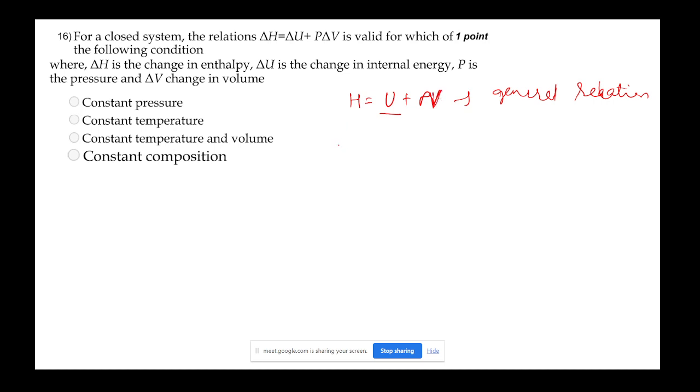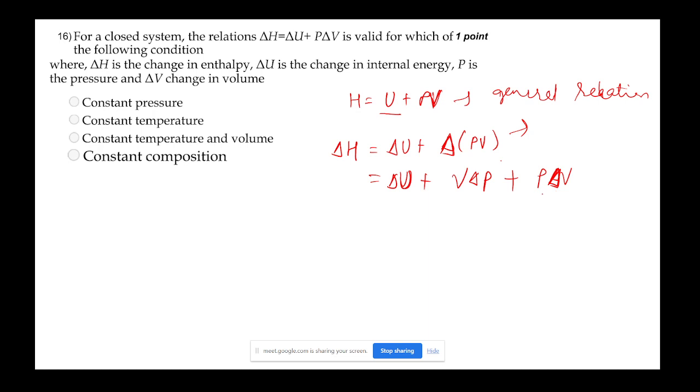If I want to find the change in enthalpy, delta H equals, I need to apply change to all, so delta U plus delta of P into V. Now to simplify this, similar to the laws of differentiation, you keep one constant and apply delta to the other. So you keep, let's say, volume constant: delta P times V, plus P constant: delta V.